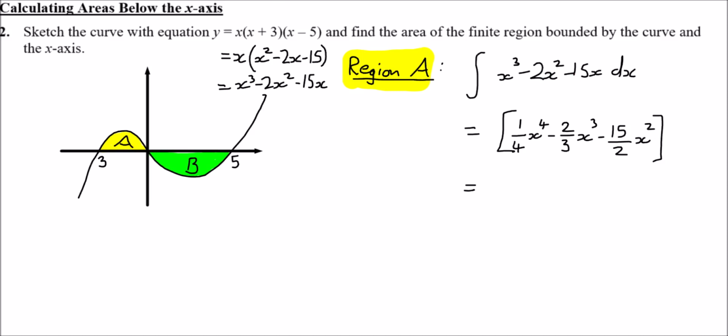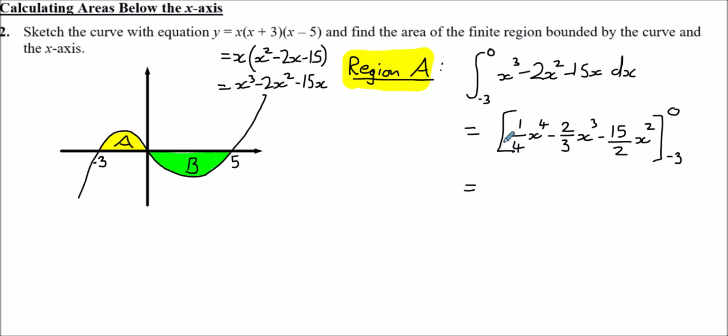Okay, the limits here are from 0 and minus 3. That's a minus 3. That's my fault for not annotating that. Okay, big apologies. Yeah, so that's minus 3 and that's 0. So we're going to integrate between 0 and minus 3.